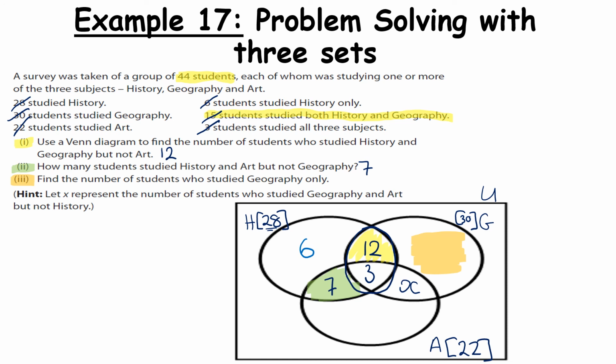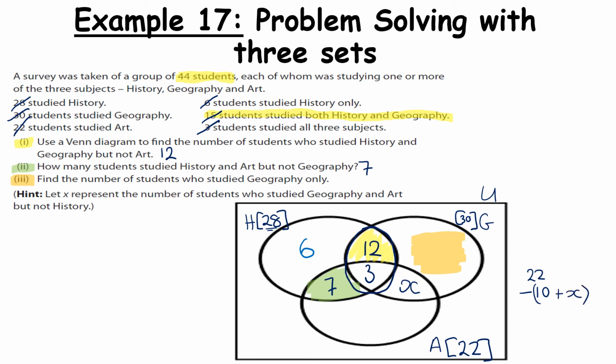Okay, so then find the number of students who studied geography only. Now, what we can do for the two missing sections is write an expression in terms of x. So we have for art 7 and 3 and x already filled in. So we can do 22 take away 10 plus x. 10 plus x.